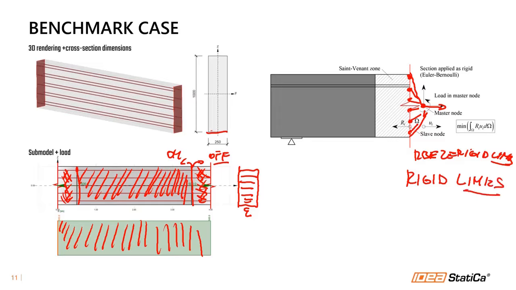This is some kinematic condition that is saying that if this node moves about 1 millimeter, the other nodes that are linked also move about 1 millimeter. Yeah, so this is how it works.